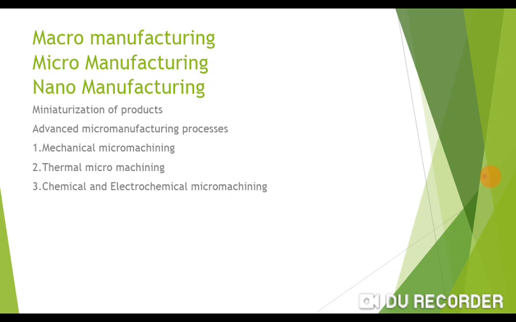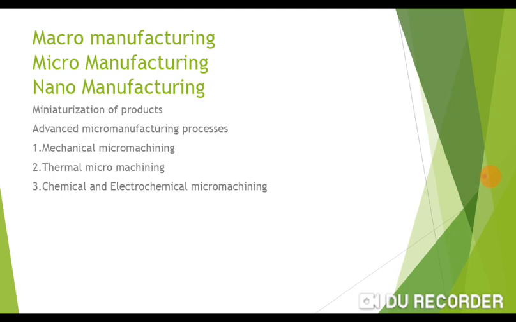Now, mechanical micromachining is the process where mechanical forces are applied to remove the unwanted material from the workpiece in the form of microchips.